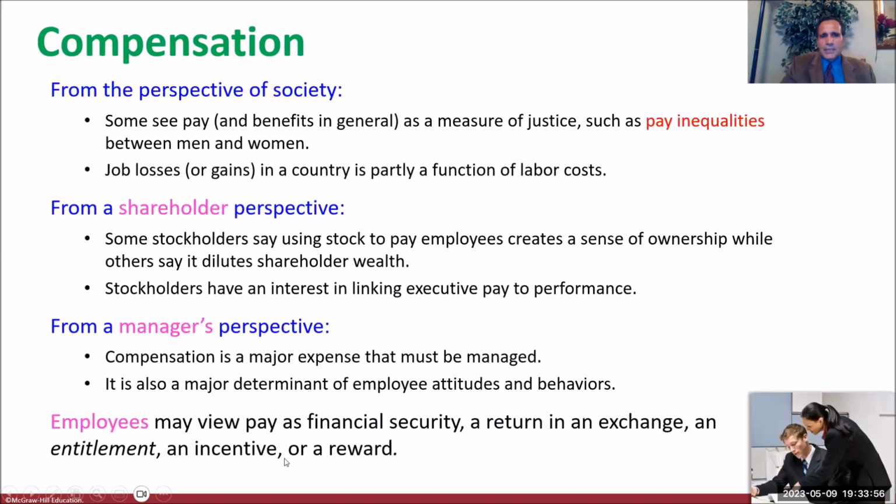For example, employees can view pay as financial security, as a return in exchange, as an entitlement, as an incentive, or as a reward for their hard work and for being dedicated to your organization, to your cause, to your mission, to your platform day in and day out.